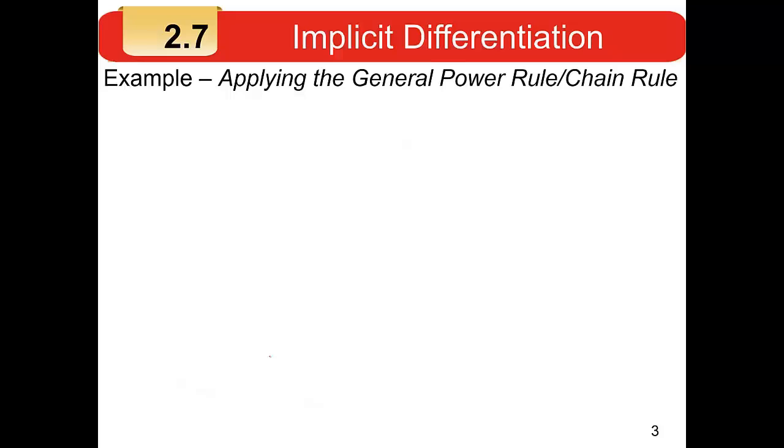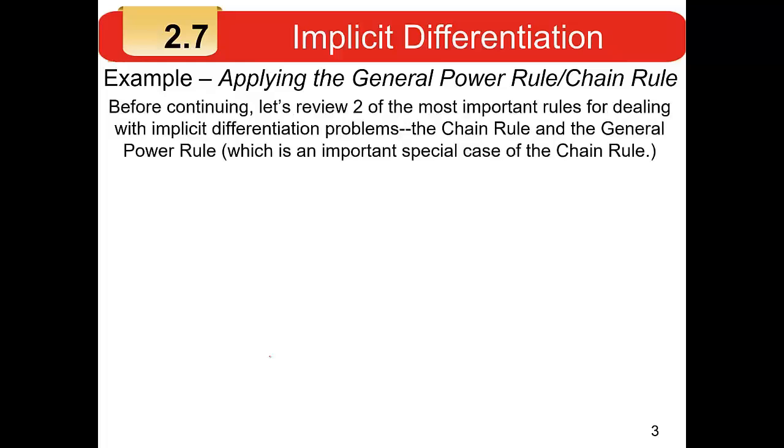I want to start off with some really simple mechanics before we go into the problems that we're actually more interested in doing. But I want to do something before I jump into even this. I want to go back and talk about the importance of the chain rule and the general power rule here.